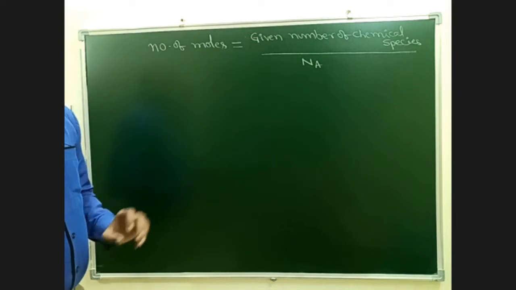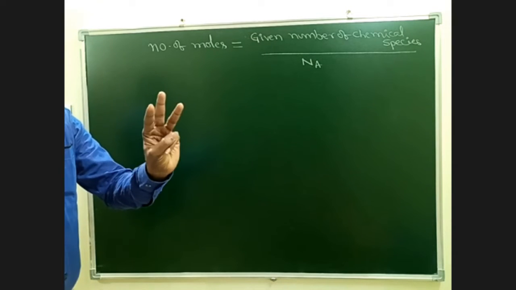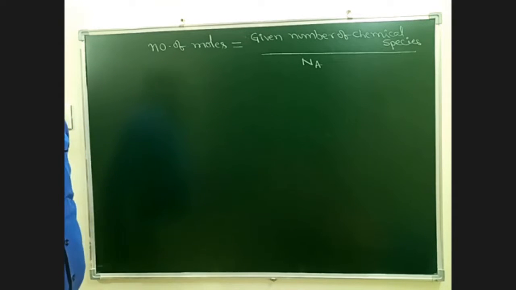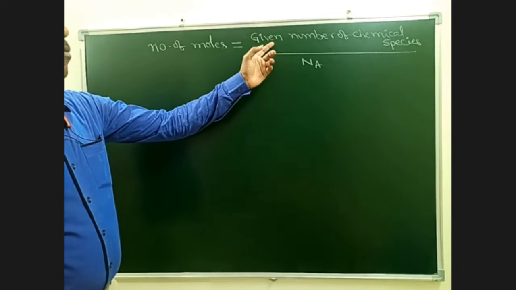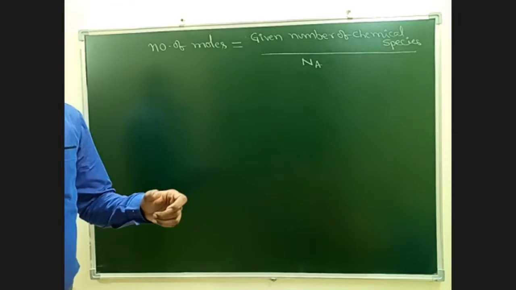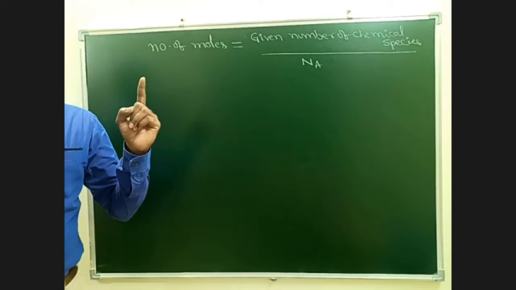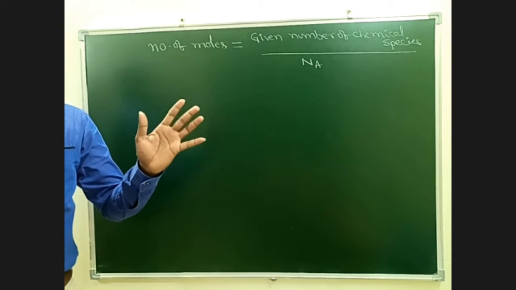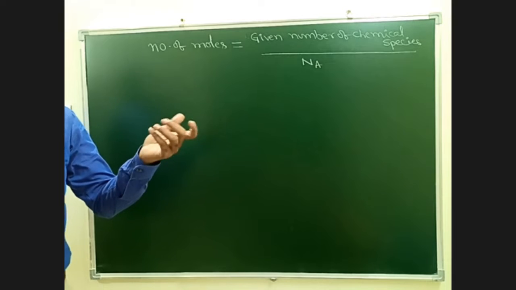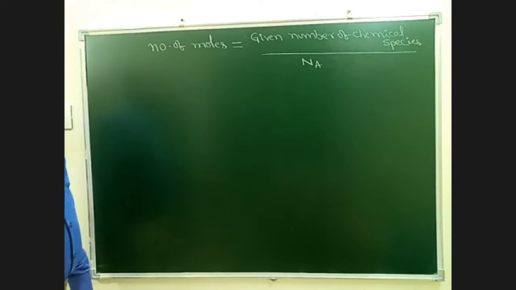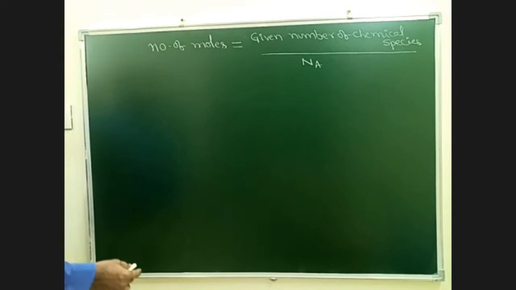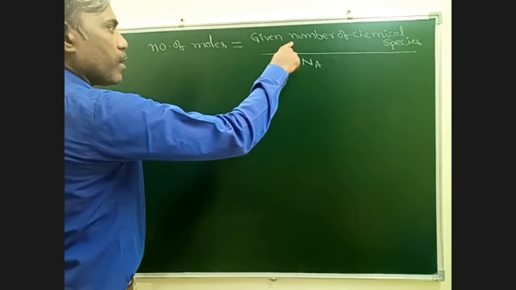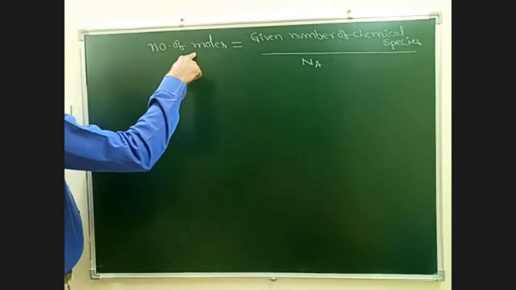So here total there are 3 parameters. How many parameters? 3 parameters. One is number of moles. Second one, number of chemical species. Chemical species means that may be electron, proton, neutron, atoms, molecules, ions, anything, right? So from this formula, by knowing number and Na, we can determine number of moles.